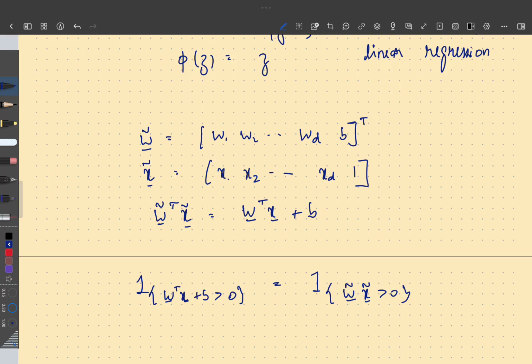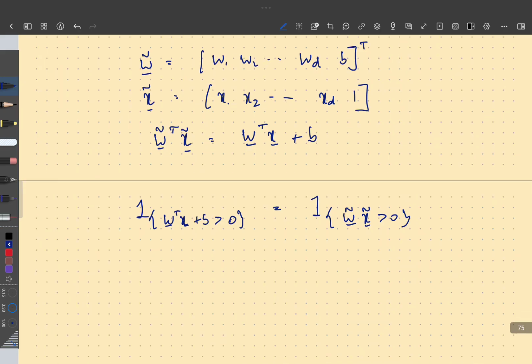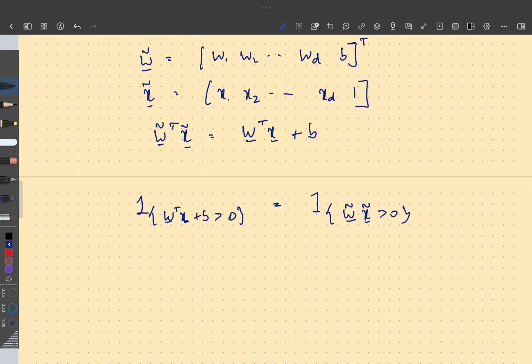This doesn't buy us anything computationally, but on the right hand side you have a homogeneous form, and on the left hand side you have an inhomogeneous form. And we'll make use of that a little later on.